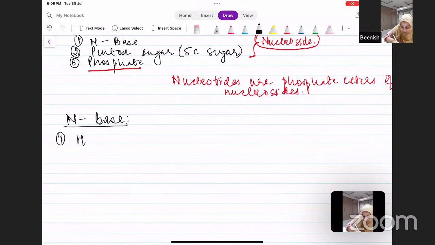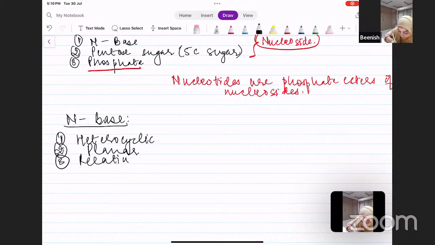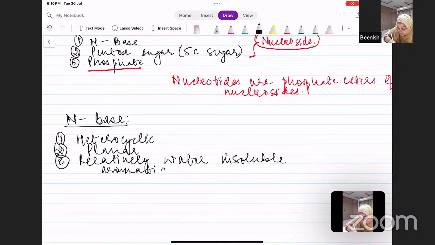They are heterocyclic, planar, relatively water insoluble, aromatic molecules. Okay, so these are planar and heterocyclic structures, and these are aromatic molecules.